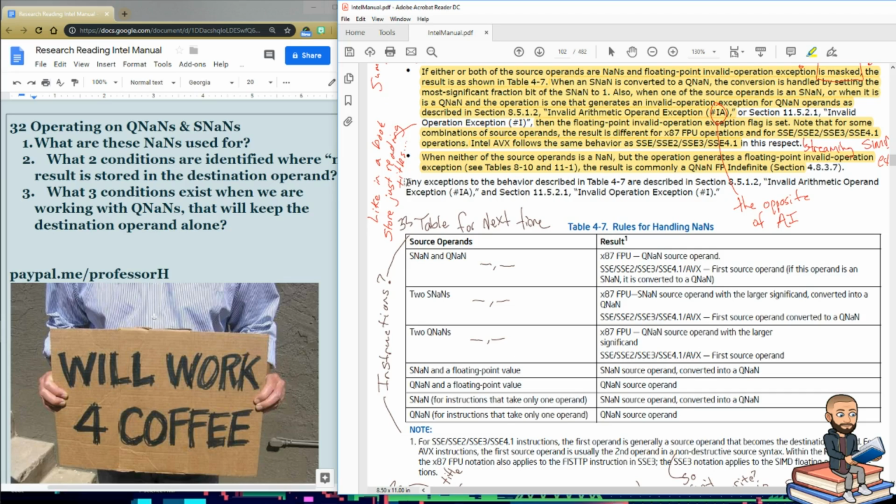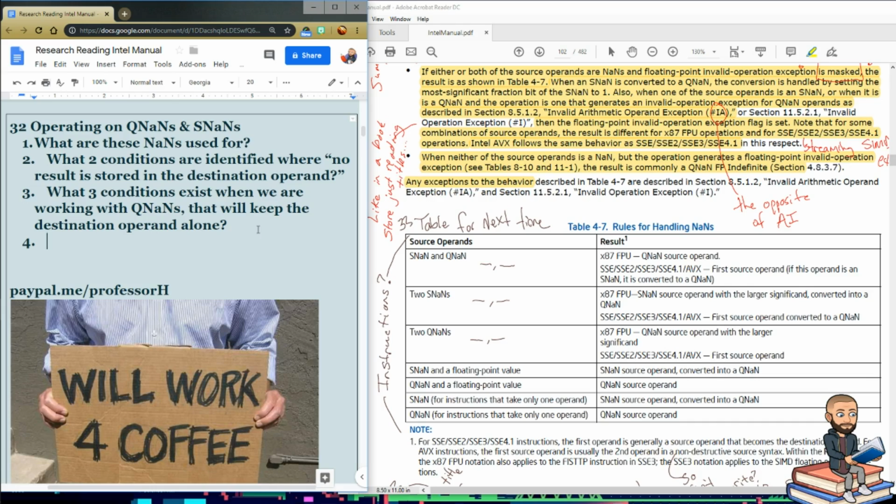And they finish this section nicely by saying that any exceptions to the behavior described in table 4-7, as described in the section we're about to read later, and even further along we'll be reading section 11, well, if there are exceptions to this behavior, then we'll be able to see those, either through the table or those future areas of the manual.